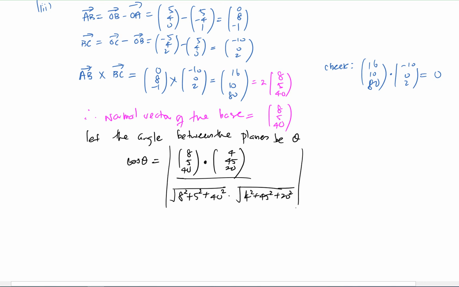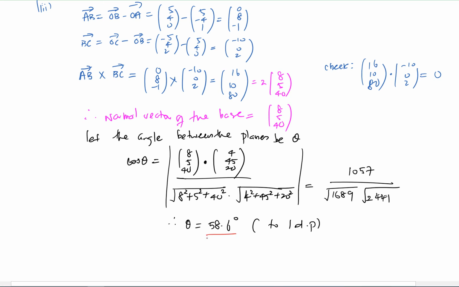Actually, the numerator was still positive. You will get 1057 over 1689 square root 2441. So therefore, your theta becomes cosine inverse, so 58.6 degrees to 1 decimal place. Remember, angle in degrees is always 1 dp unless the question asks otherwise.